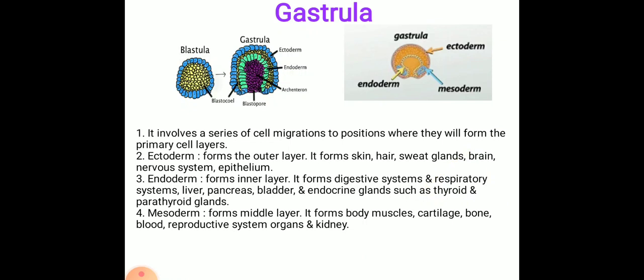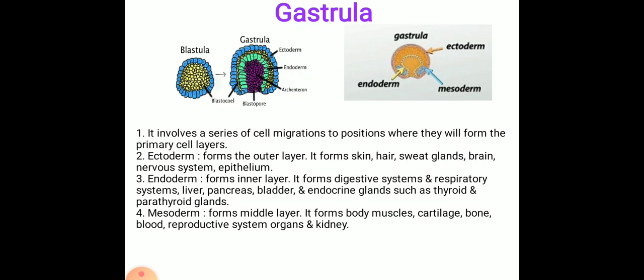From these germ layers only the different organs are going to be formed. The process of formation of organs is called organogenesis. So these 3 layers form the different organs in our body.